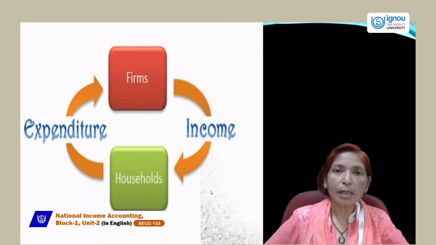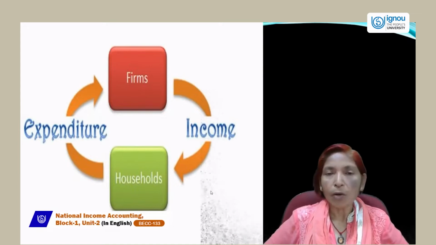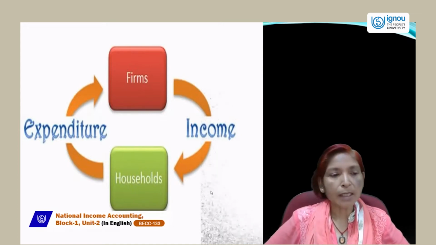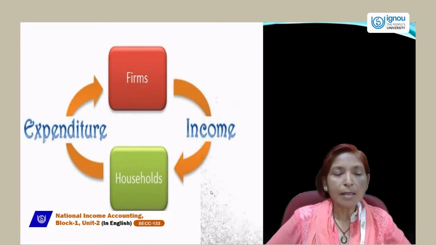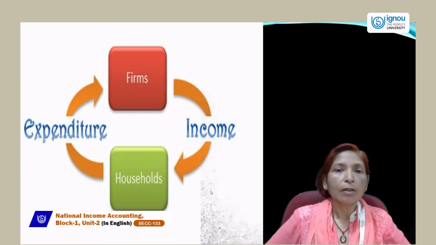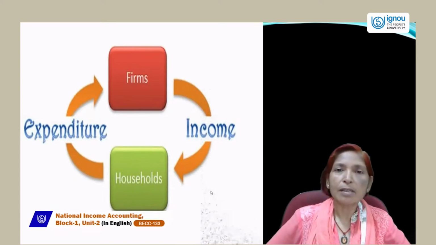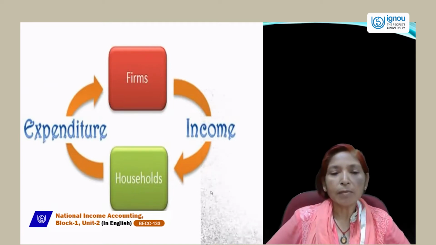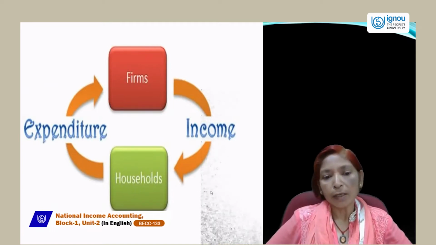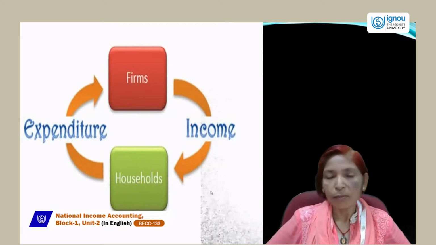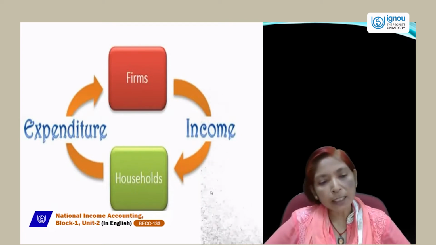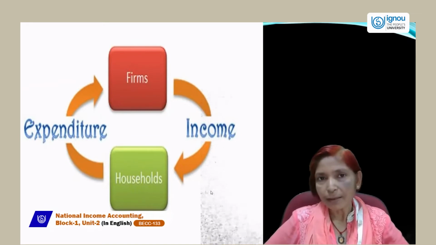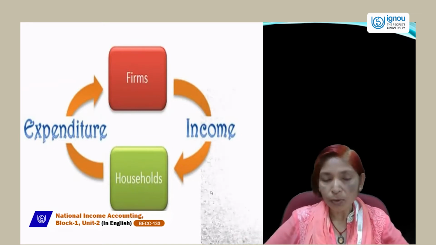So all this income goes to the household sector, and the household sector then spends this money on all goods and services which are produced by the firm sector. So income goes to the household sector from the firm sector, and expenditure goes to the firm sector through the household sector.